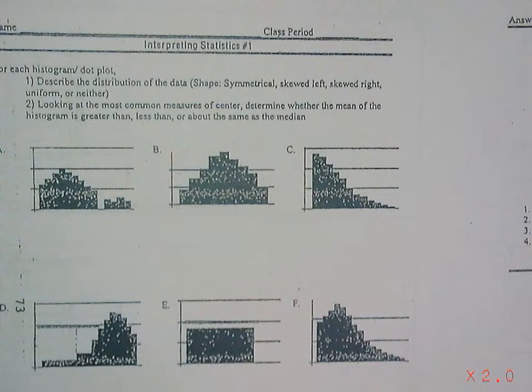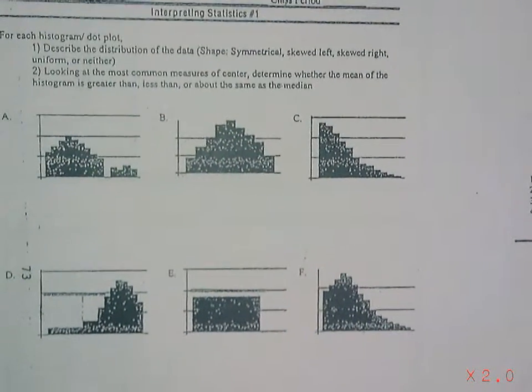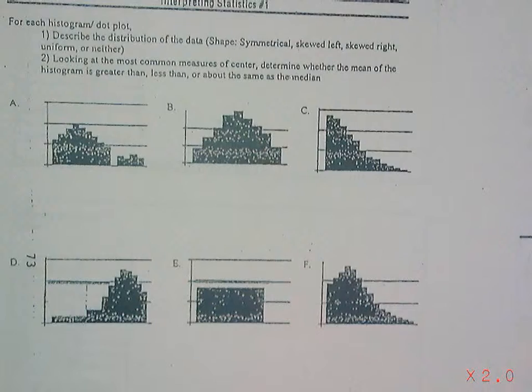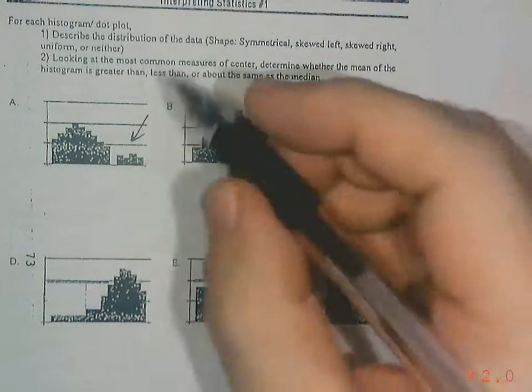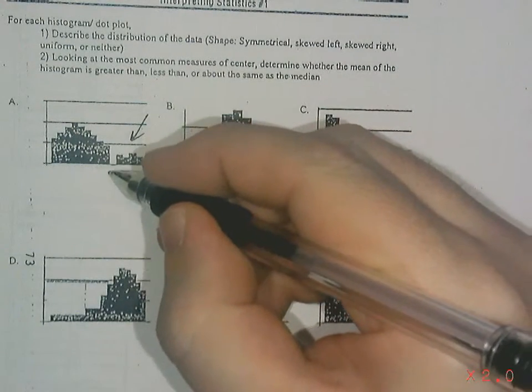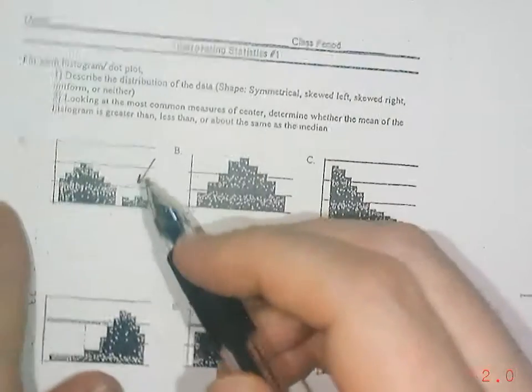If we look at A here, this one would most likely be described as skewing right. Now I would probably also accept a neither because it has that hole there.